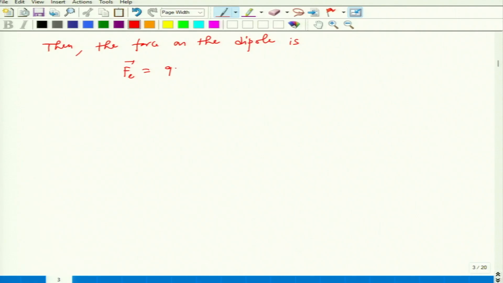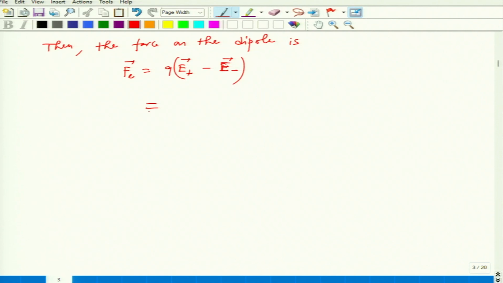So the force on the plus q charge plus the force on the minus q charge simply add as a vector sum. The force is q times E plus vector minus E minus vector. The charges have the same magnitude, so we take q outside, and what remains is the difference in the electric field between the two points.